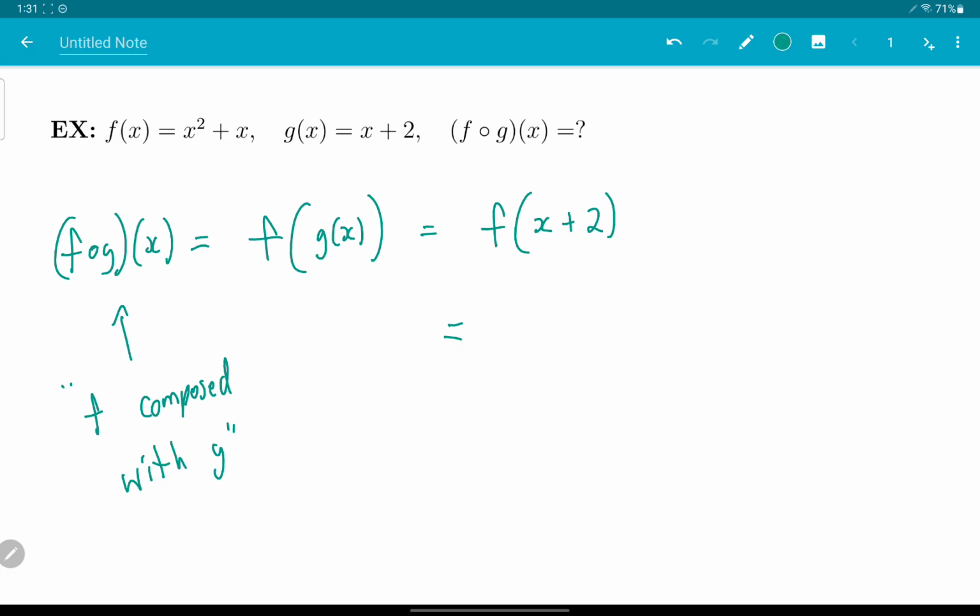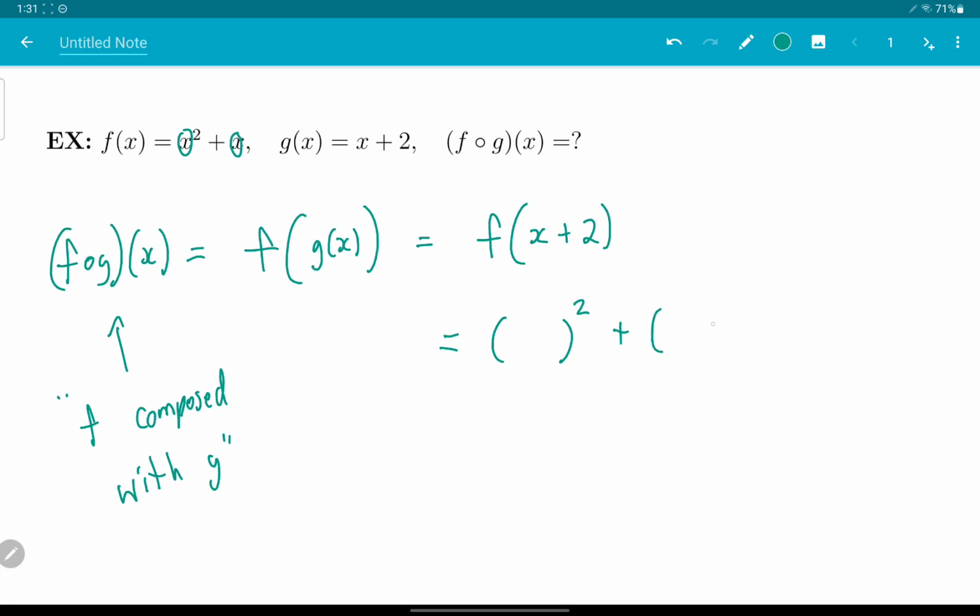And what's that? Well, instead of f of x, which we have here, we take this x and this x and replace them both with x plus 2. So we got the first x, which is squared, plus the second x, which is not squared.